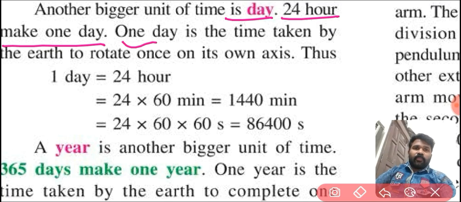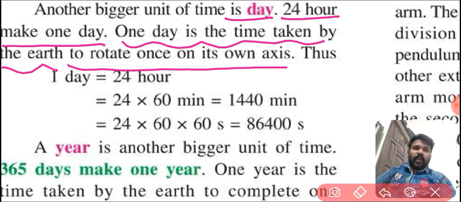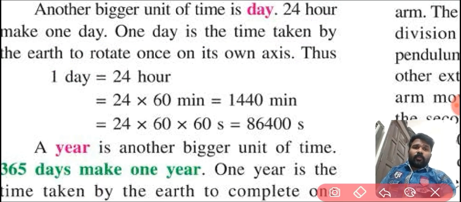How much time is taken by the earth to rotate once on its own axis? That is called 1 day. And we can write 1 day is equal to 24 hours.